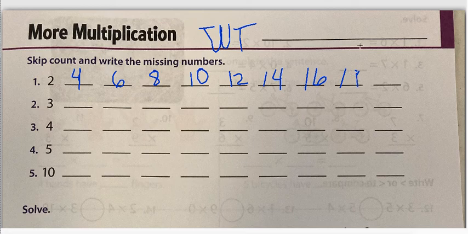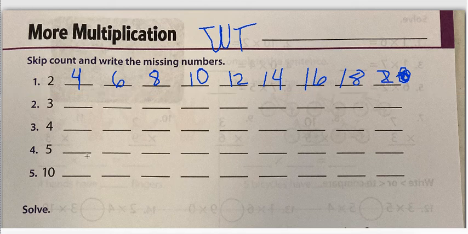This pen is not working right. Right again, 18, and then the last one is 20. Oops, that's 2 and 0. Okay, you can go ahead and write 0 next to the 2. Okay, that's a 0. Now we have 2, 4, 6, 8, 10, 12, 14, 16, 18, 20.